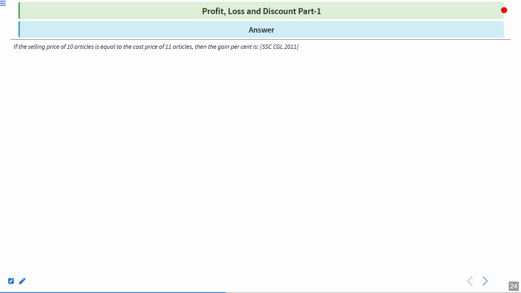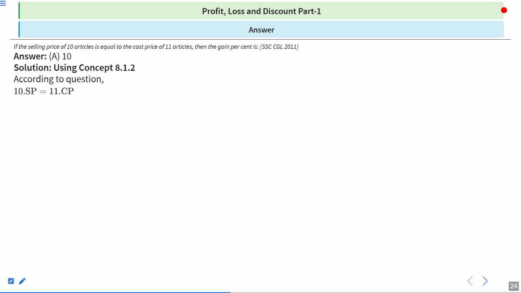So the question says that if the selling price of 10 articles is equal to the cost price of 11 articles, then there will be a gain. The correct answer of this question is A, which is 10%. Now see the detailed solution. Using concept 8.1.2 in this question, the selling price of 10 articles is equal to the cost price of 11 articles.